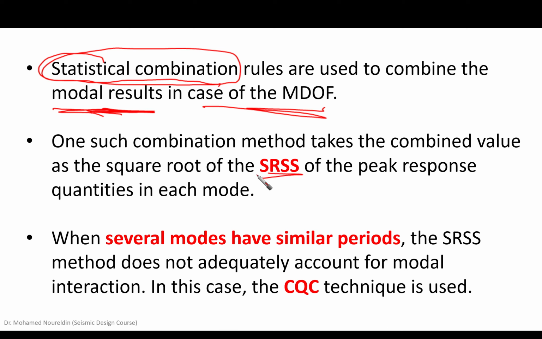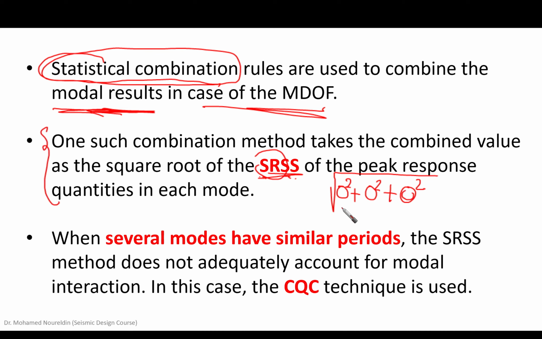We call it square root of sum of squares. Okay, square root of sum of squares. So every item from each mode is going to be raised to the power 2, and then all of them are going to go under the radical. Okay, this is one of the ways we are going to do it.